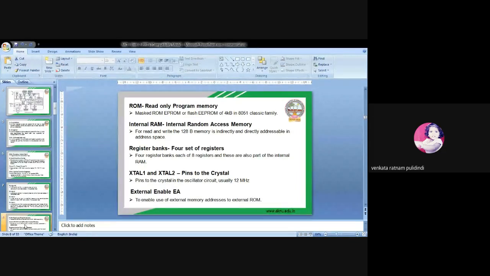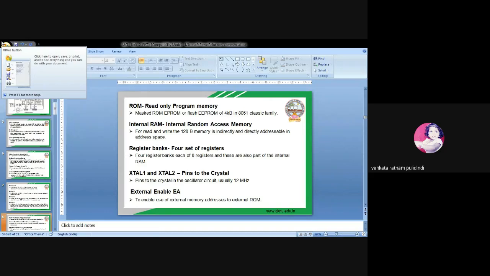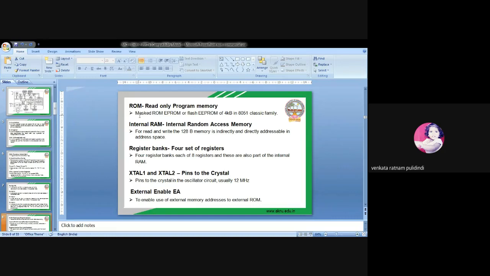Now we have the memory in the 8051 microcontroller. ROM, read only memory, can be mask ROM, EEPROM, or sometimes flash, electrically erasable programmable read only memory, and it is 4K in the 8051 classic family. This is the ROM.